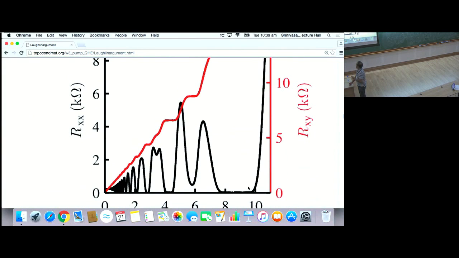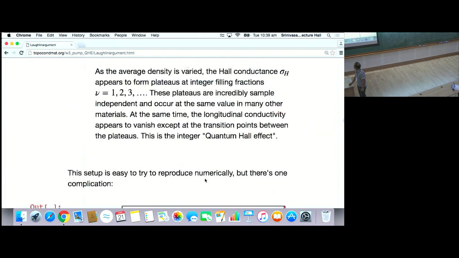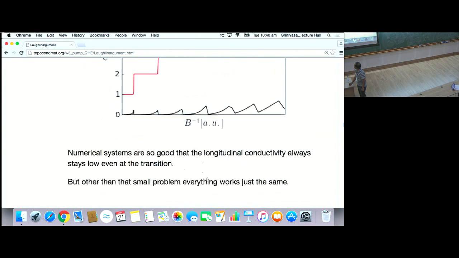And because of that, as Janendra mentioned yesterday, if you look at the Hall conductance or Hall resistance shown in red, it's perfectly quantized, and it's so quantized that it has turned into a standard for the mass.